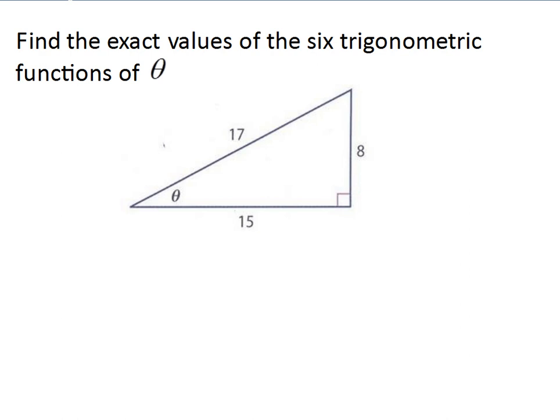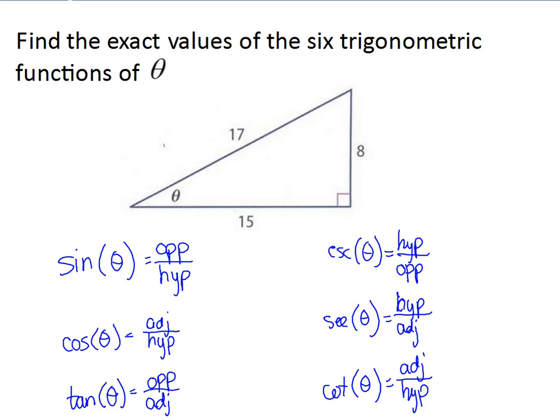So if we take a look at this triangle, we're going to come up with our 6 trigonometric expressions. The first thing we need to do is to label the sides of the triangle. If this is my angle, the side across from the angle, we name the opposite.